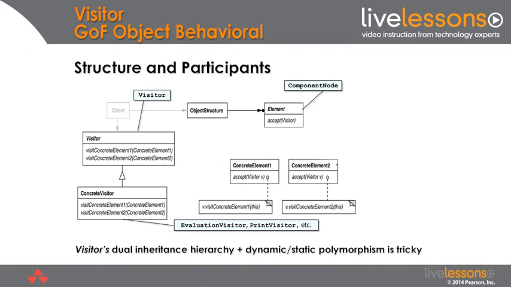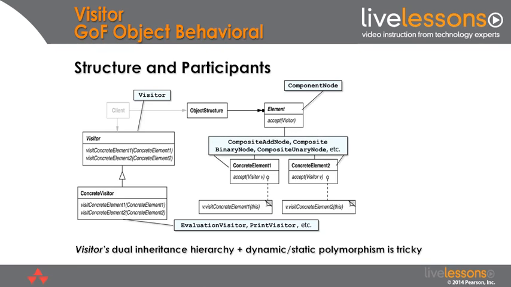That's one hierarchy. That's the operation hierarchy or the visitor hierarchy. There's a parallel hierarchy that's rooted in element, and every element in this composite structure is going to have an accept method. So in our case, the root, which corresponds to element, would be the component node. And then we'll have a number of different subclasses of component node or element, which actually fill in what happens with the actual accept method implementation.